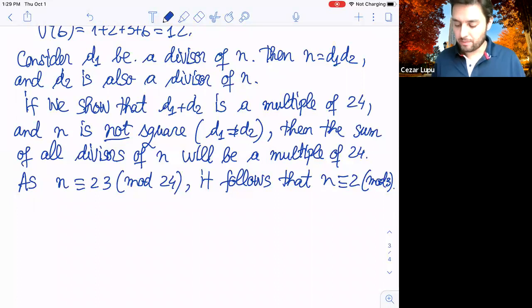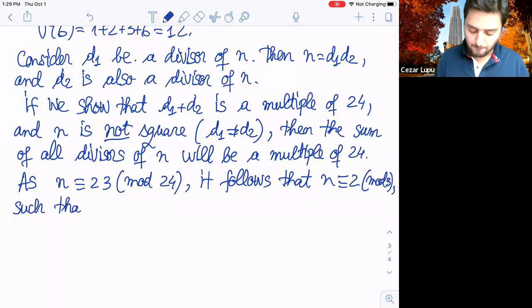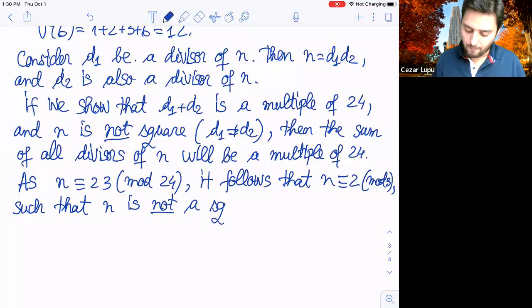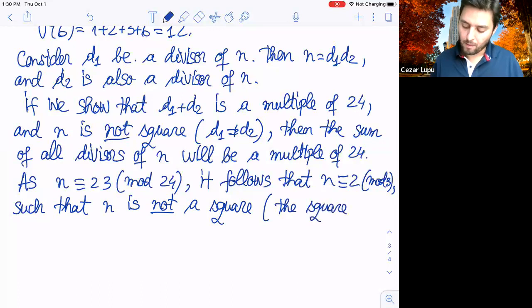Let me explain why this is. It follows that n is not a square, because the squares are 0 or 1 mod 3.